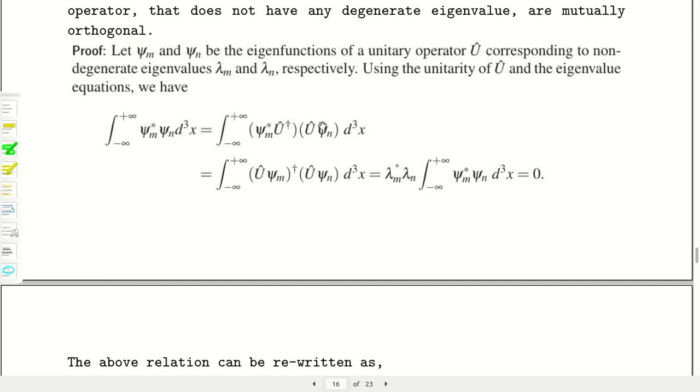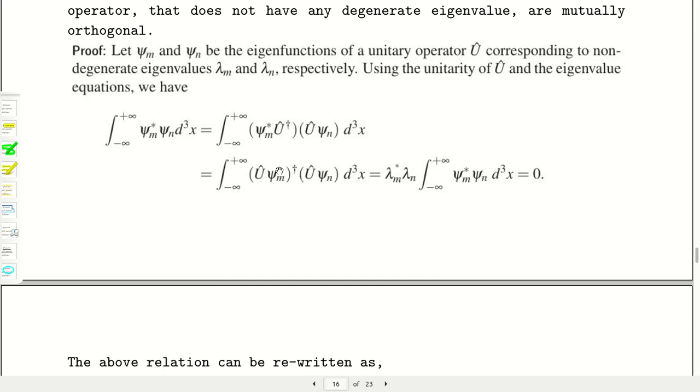In place of the I operator you can write u dagger u, by the definition of a unitary operator, and take u with psi m in one bracket and u with psi n in another bracket. Psi m star means psi m dagger, so you can write u operating on psi m, whole dagger.